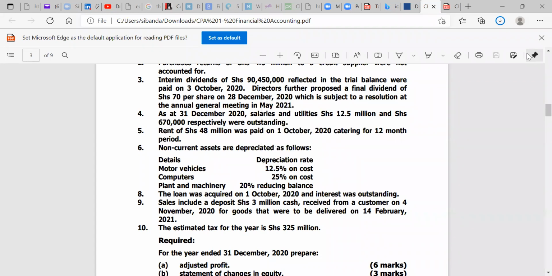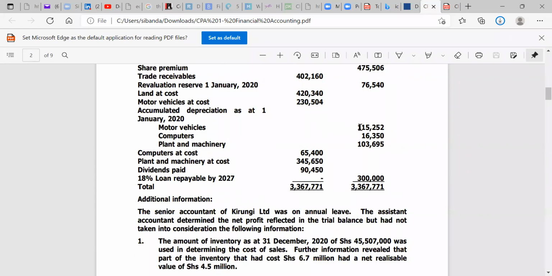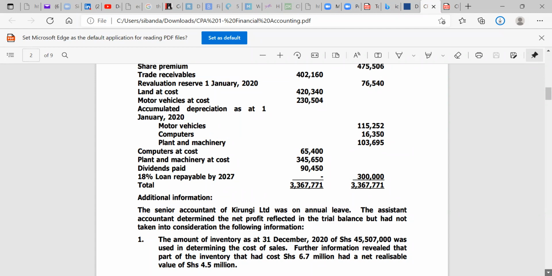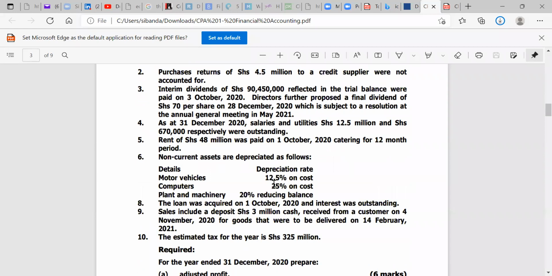So you get 12.5% times the cost for the motor vehicle, which is 20,505,504. That is, I think, what we have right there. The same thing with computers. They also told you it is on cost. So you get 25% times cost to give you the depreciation.